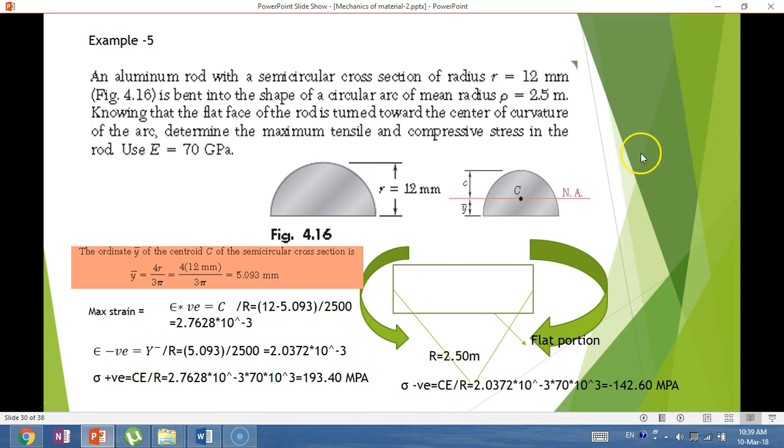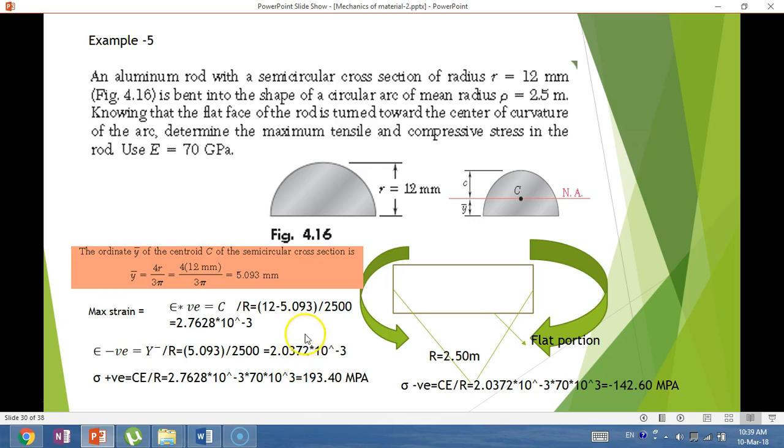This is the positive portion, while for the negative one, the flat one, it will be equal to minus y bar over rho, that is 5.093 divided by 2500, which is the radius. We get here the strain in the lower portion, the flat portion.